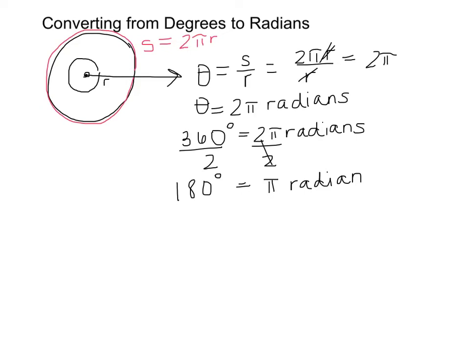So this conversion is what is going to help us get the relationship or the conversion rule from radians to degrees. So pi radians is equal to 180 degrees.